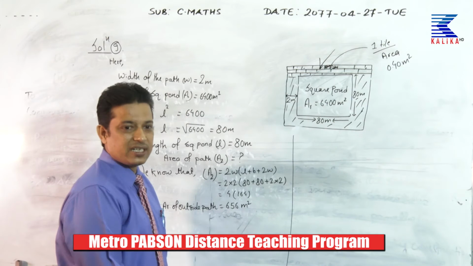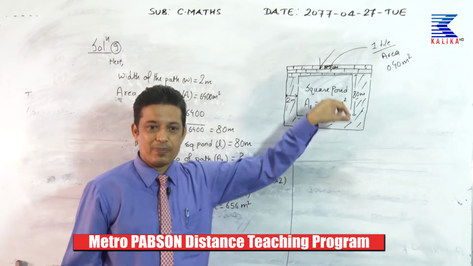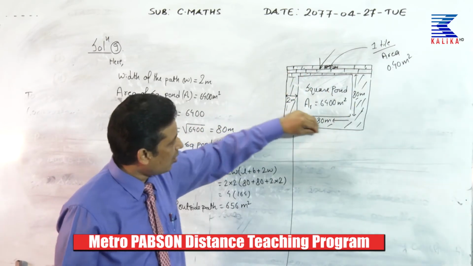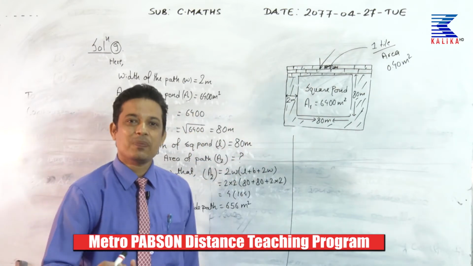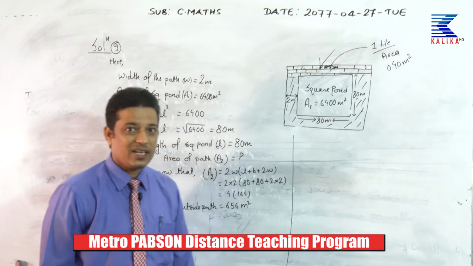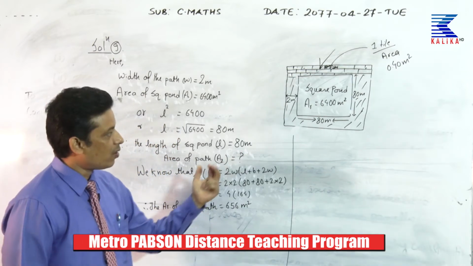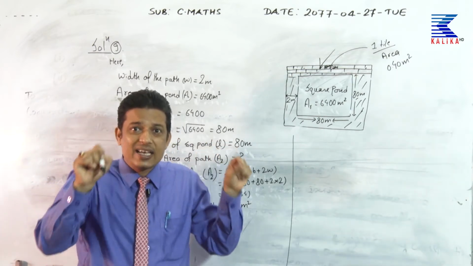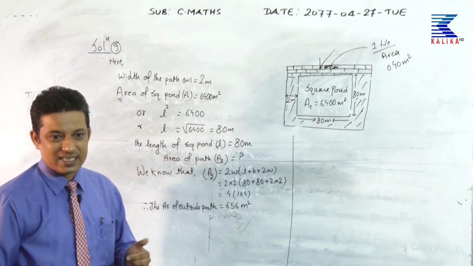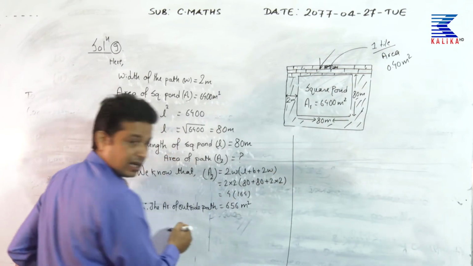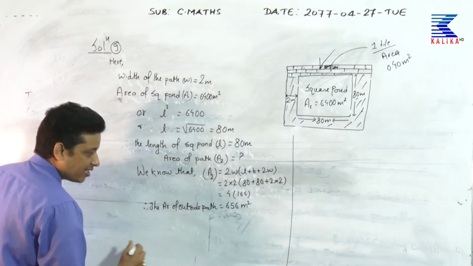So, our question is that such tiles are being paved on the path around the square pond and we need to find the total number of tiles. Actually, the area of tile is 0.40 and the total area to be covered by the tile is 656.